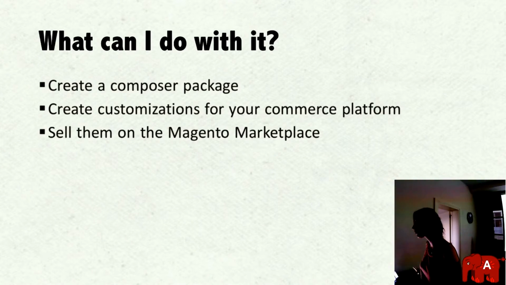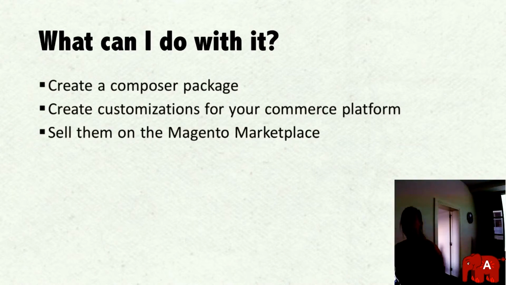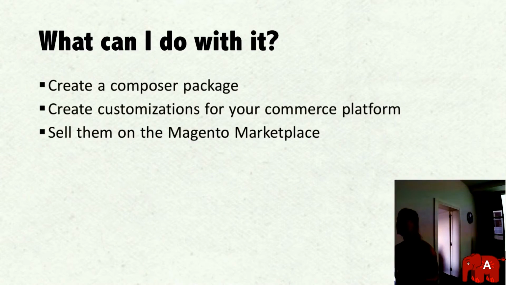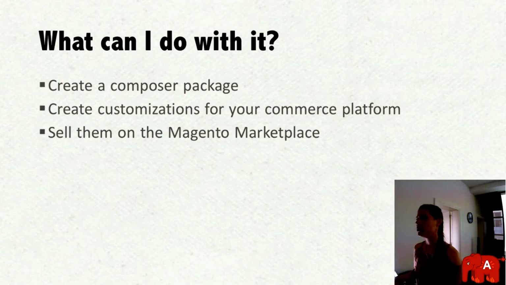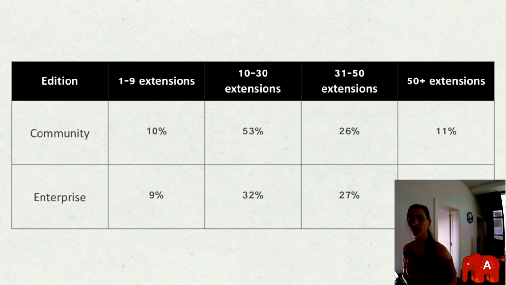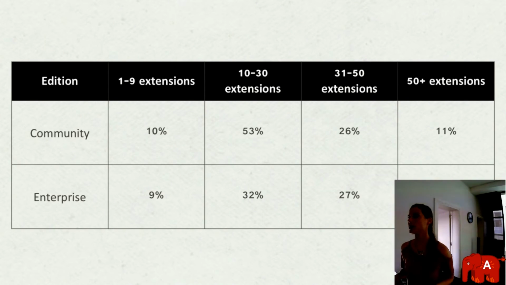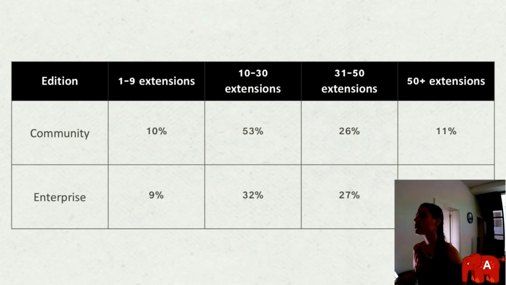Now, you might wonder, if I install Magento and I already get over 120 modules, why would I need anything more? Would my module be used if you already get this much? Well, Magento did a poll asking people that have one Magento instance how many external modules they have installed.